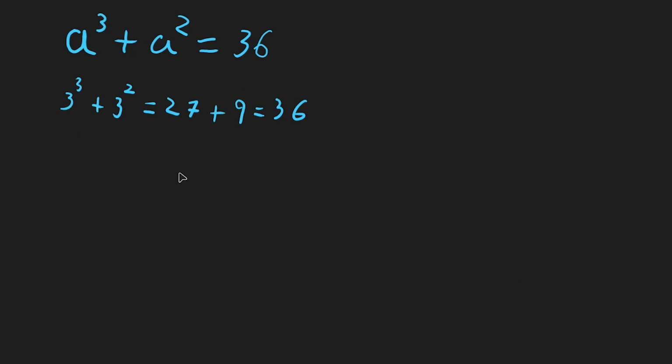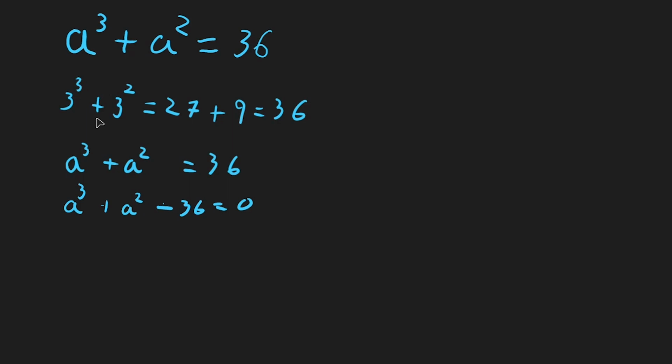What we want to do now is look at the first equation again: a cubed plus a squared equals 36, but that's the same as a cubed plus a squared minus 36 equals 0. And because we had this first solution, we know that 36 can be written as this.